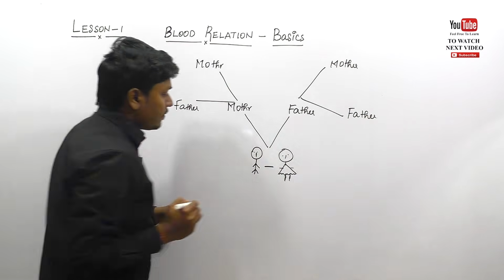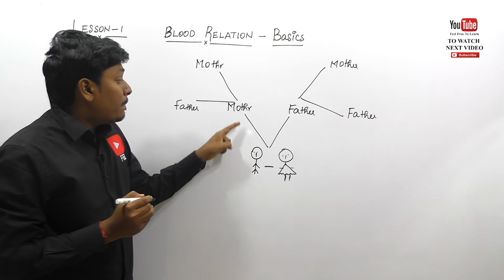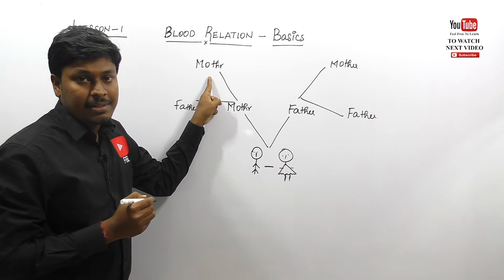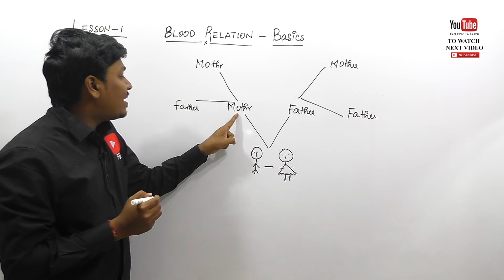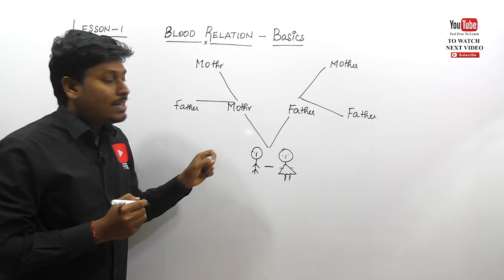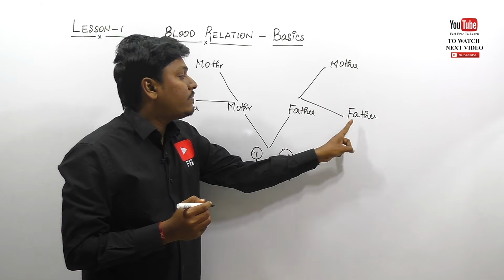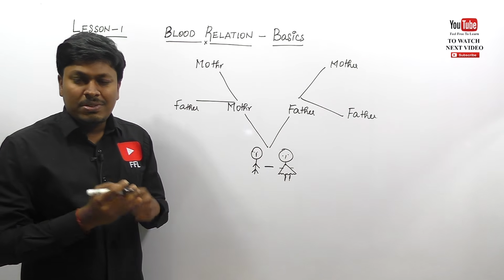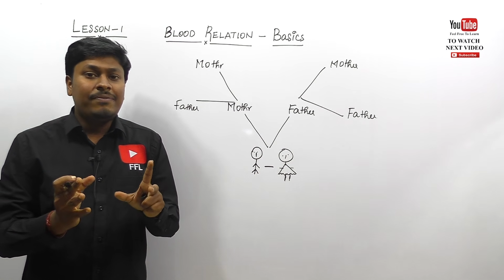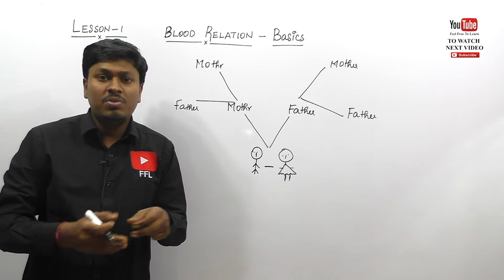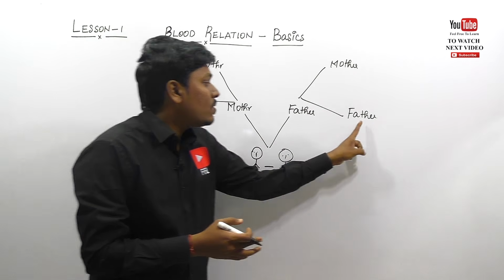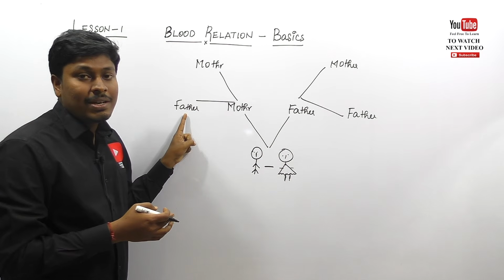So friends, from this boy, the mother's mother is a grandmother, right? The mother's father is a grandfather. Similarly, the father's mother is a grandmother, and the father's father is a grandfather. Always remember that if I am asking you who your grandfather is, this is a grandfather and this is also a grandfather.